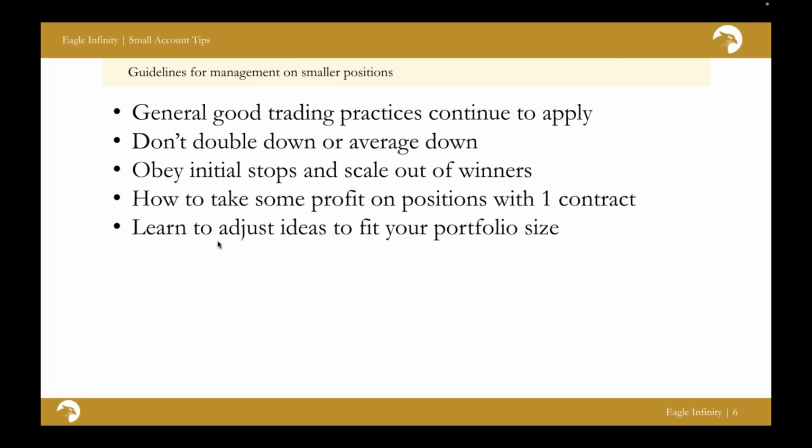Then we also want to learn to adjust our ideas to fit our position size or portfolio size. What I mean by that is, let's say we're extraordinarily bearish on Tesla. Now, that could warrant just a long put option.